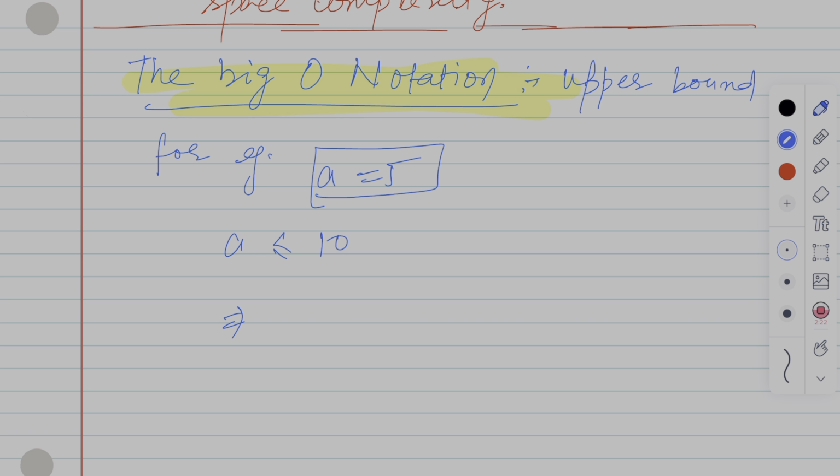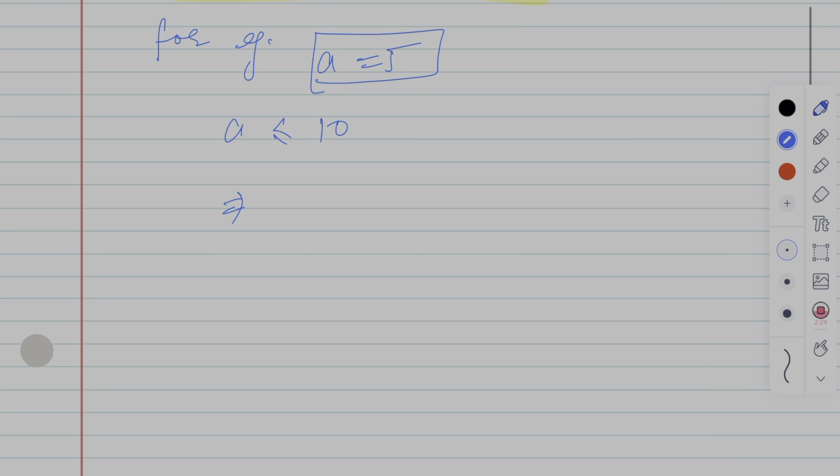So what is the use of big O notation in our algorithmic world? As we have seen in many examples, we say that the time complexity of an algorithm is big O of n. Someone says big O of n square. Someone says big O of root n.